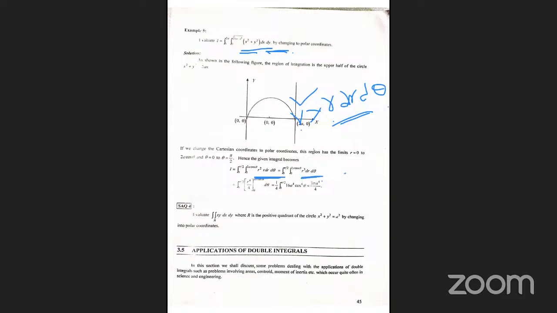And the r limits are 0 to 2a cos theta, and the theta limits are 0 to pi by 2.